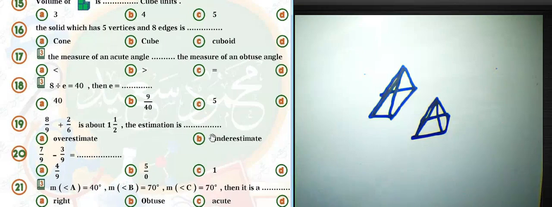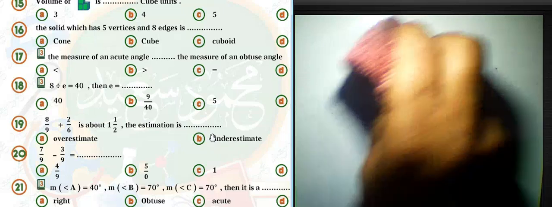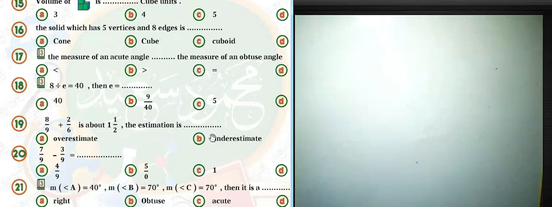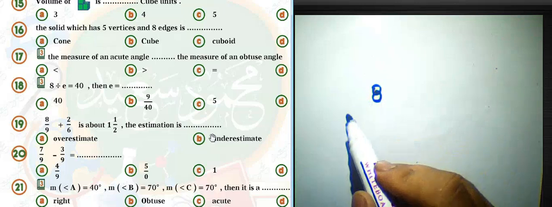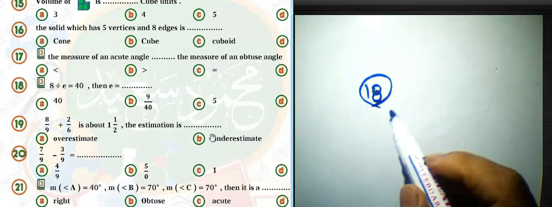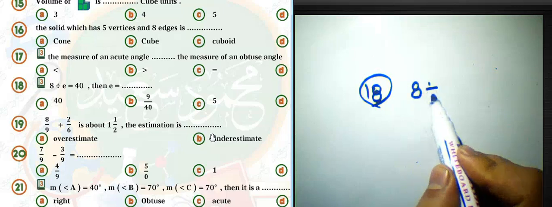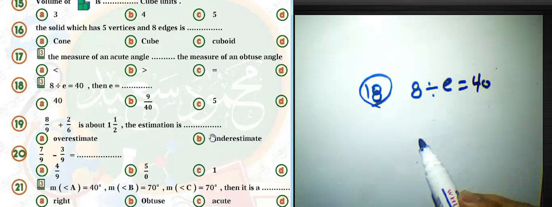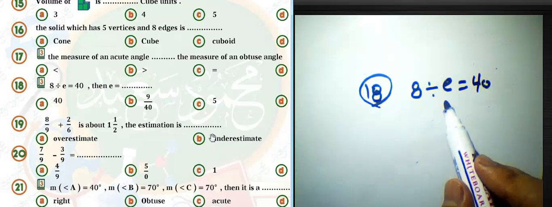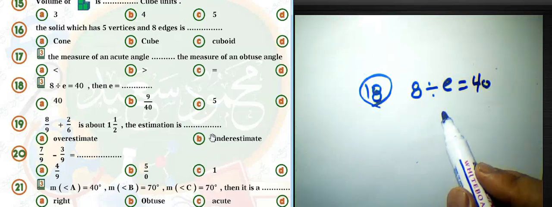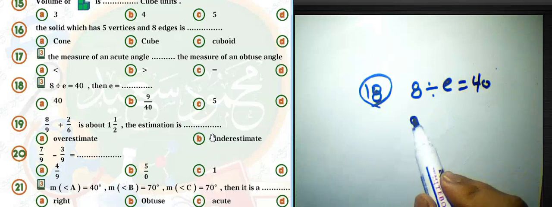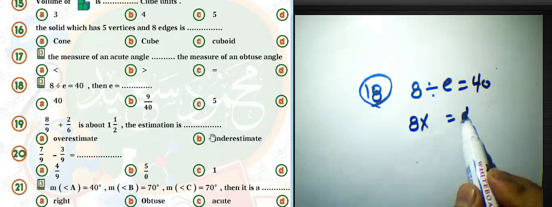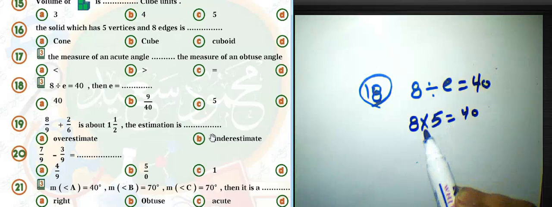Question 18. 8 divided by E equals 40. Then E equals what? We can find the unknown by thinking: 8 multiplied by what equals 40? 8 multiplied by 5.